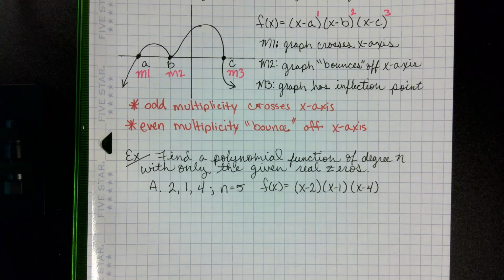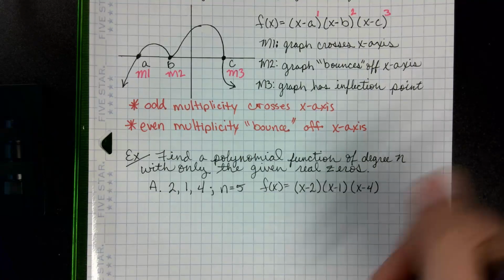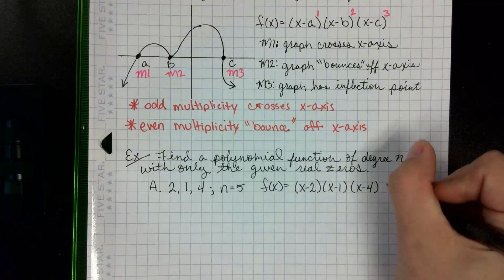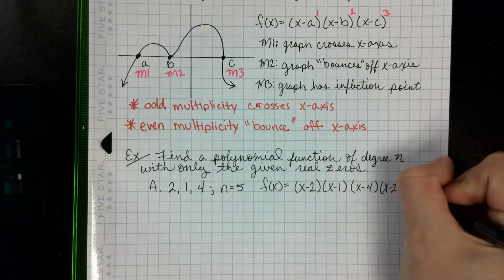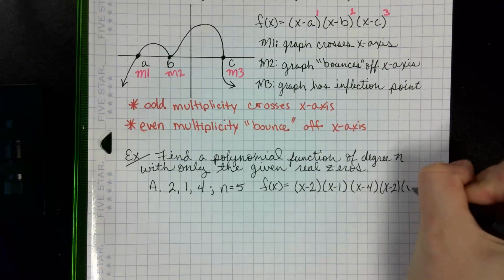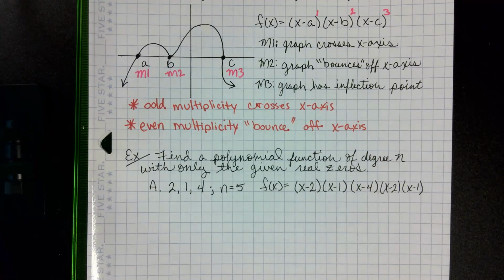So there's a lot of different correct answers. It just depends on which ones you want to repeat. I could say I'm going to use x minus 2 again, and then maybe I want to use x minus 1 again. Or maybe I wanted to use x minus 2 2 times, or maybe I wanted to use x minus 4.